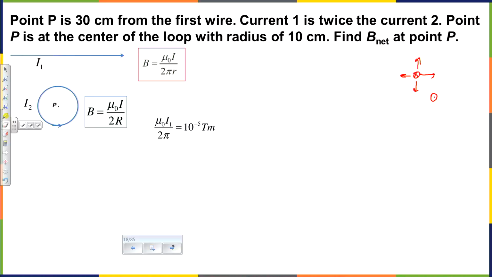And here is a case when you have to use these symbols in and out, in or out, right? Because magnetic field at point P can't be up or down, can't be right, can't be left.